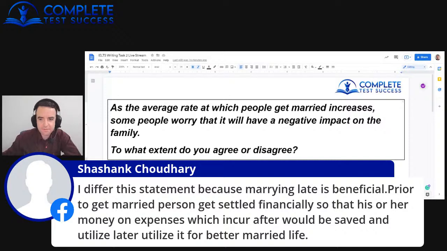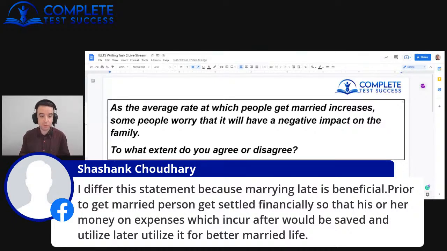Shashank: "I differ this statement because marrying late is beneficial." Okay, so "differ" is not the same as "disagree." Be careful, that's a vocab mistake. And that would hurt your score, because the examiner has to guess what you mean. Obviously, because of the question, I can guess quite easily.